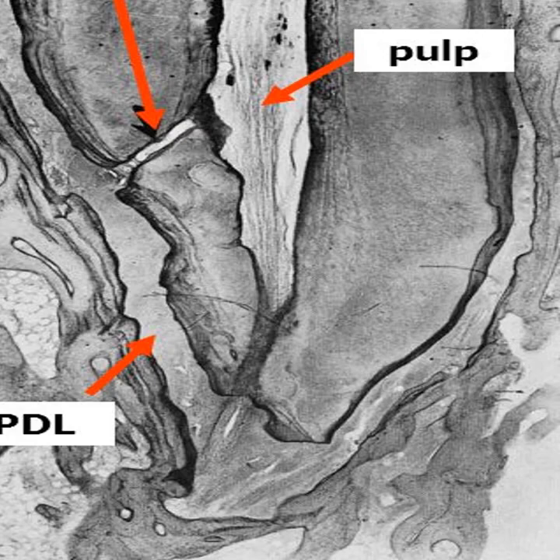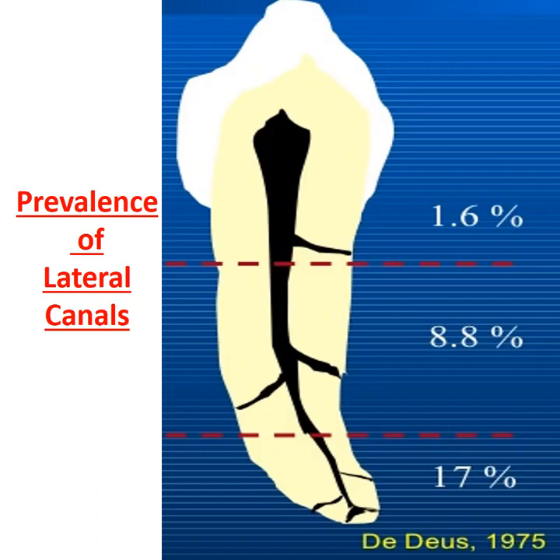And this is a close-up of what we may see, the main apical foramen and lateral canals further away. The prevalence of the lateral canals is always most in the apical region. It's seen here that 17% are in the apical region.